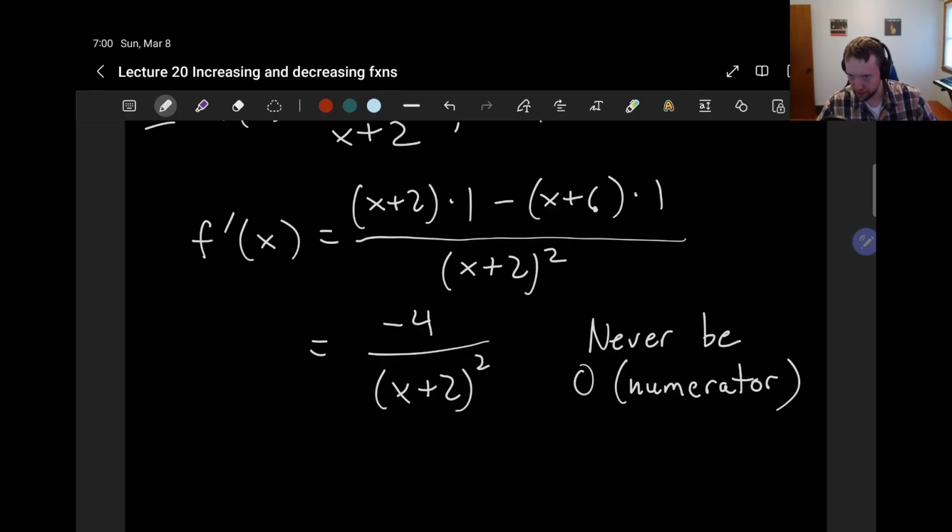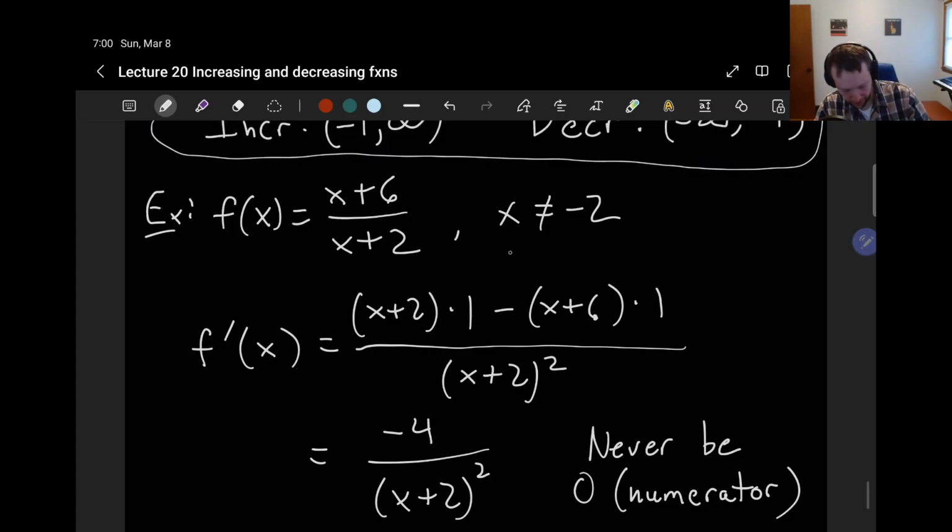Now, what about undefined? Well, this expression is certainly undefined when x is -2. But I cannot call that a critical number. The reason being, -2 is not a point in my original domain. It's undefined in this one too.